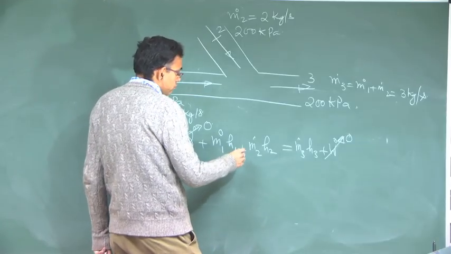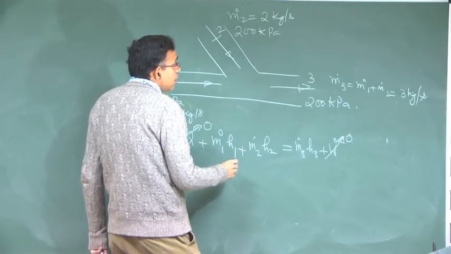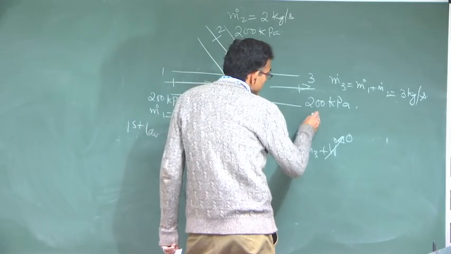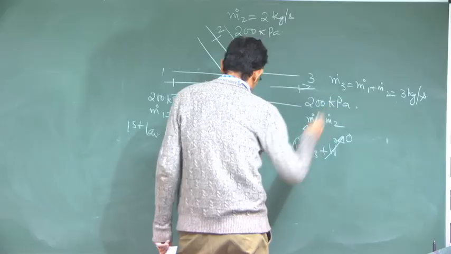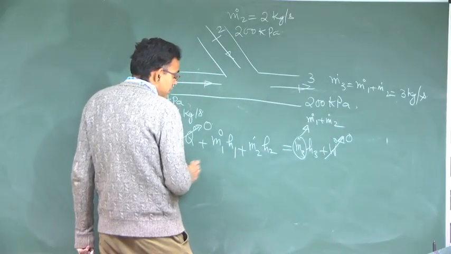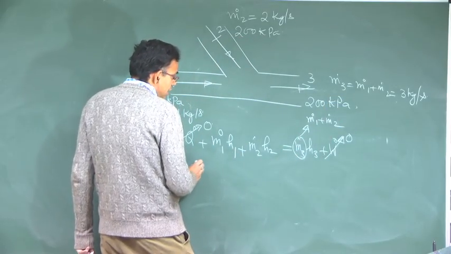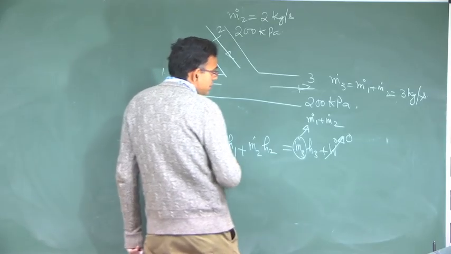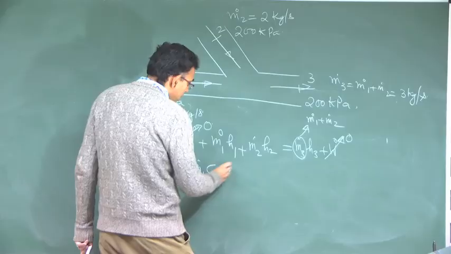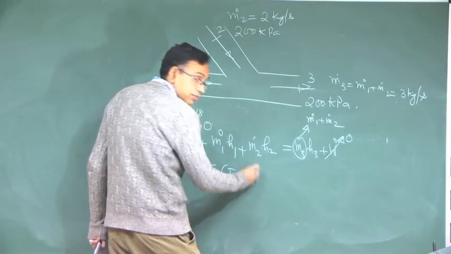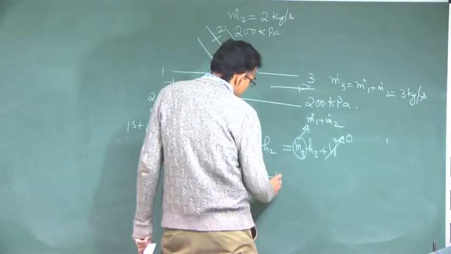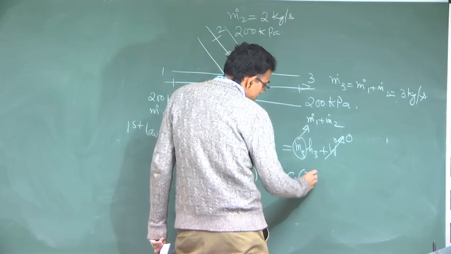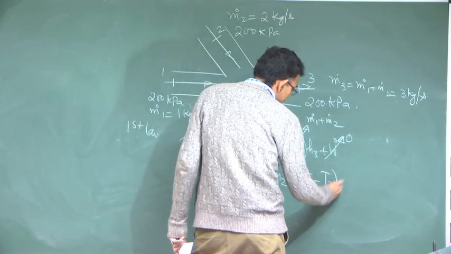Therefore, you can calculate. m dot 3 is m dot 1 plus m dot 2, right. So, you can write m dot 1 into (h 1 minus h 3), that is Cp into (T 1 minus T 3) if you assume constant Cp, plus m dot 2 into Cp into (T 2 minus T 3), equals 0.